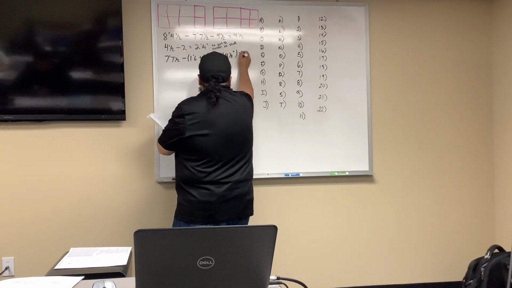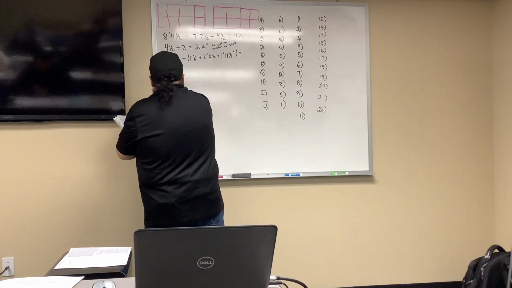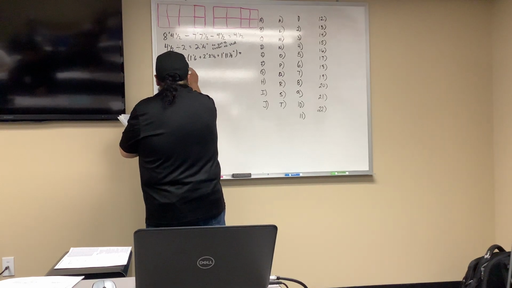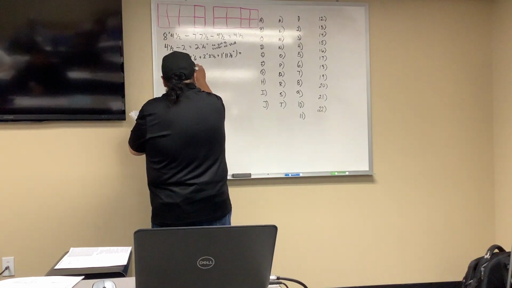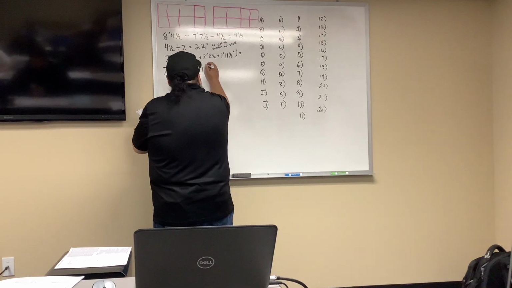When we do that, we end up with an equation of 7'7.5" minus 5'7" and 5/8".